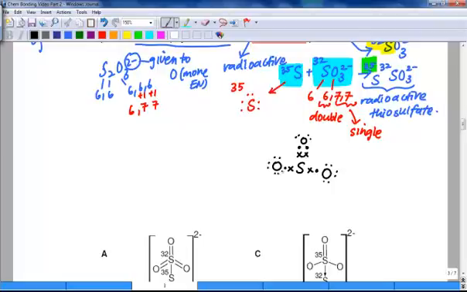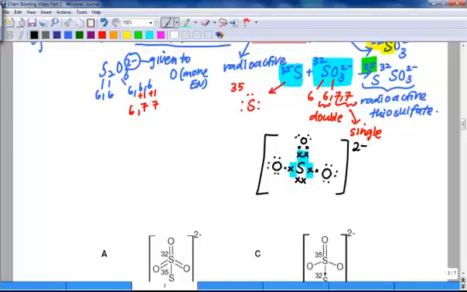And for the sulfur central atom, I used up 4 electrons in the bonding, so of course I have 2 more electrons left over. And then of course remember to put the bracket with the 2 minus sign.